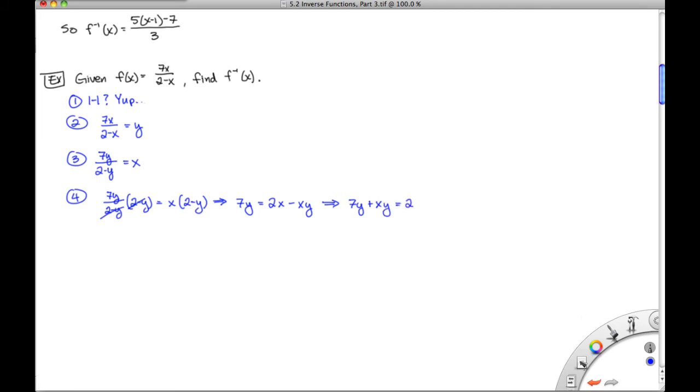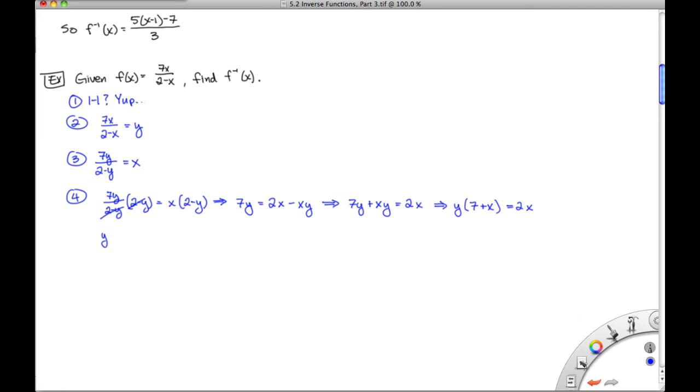Now what we can do is on the left we can factor a y out, and what's left is (7 plus x), that's equal to 2x. The last thing we're going to have to do is divide both sides by 7 plus x.